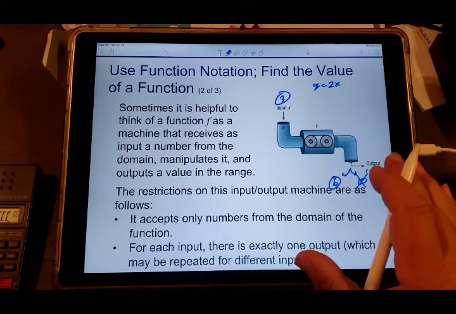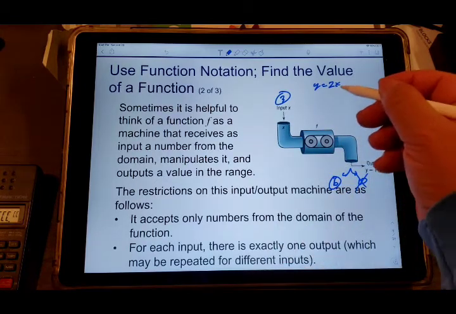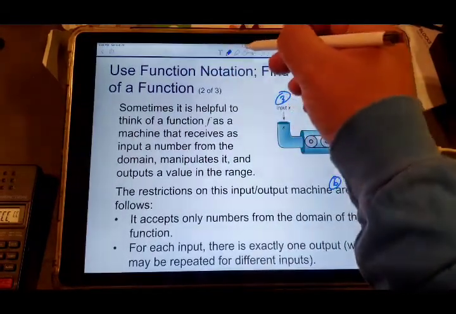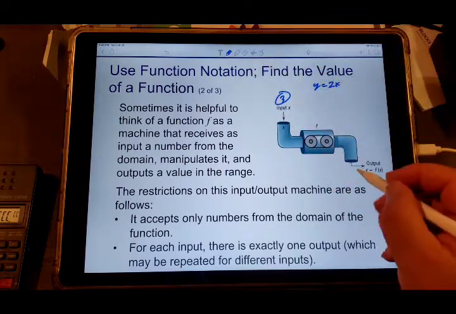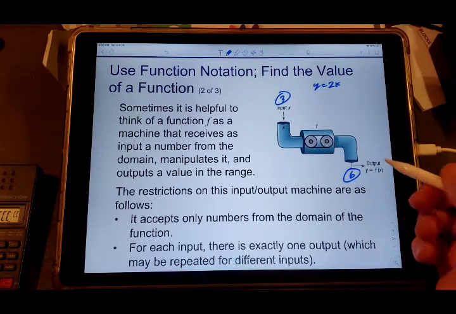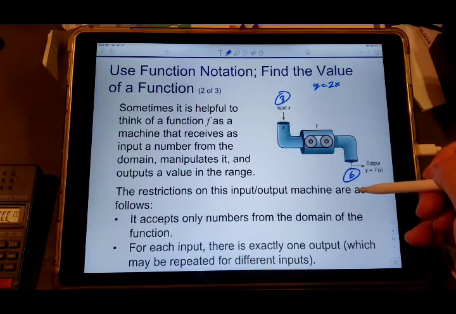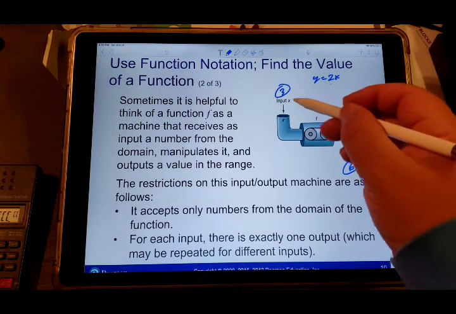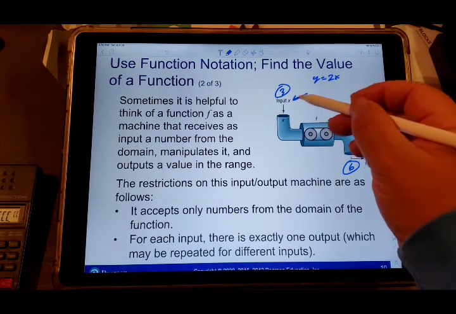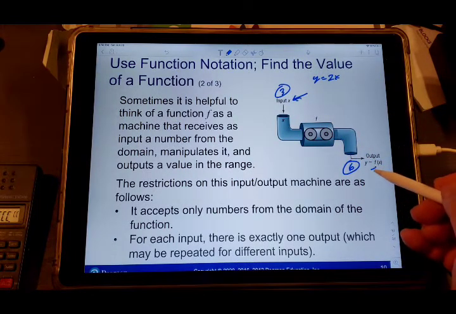That just doesn't make any sense. If I know it's a function, I'm just going to get one value out. You put in a value and get one value out. That is a function. What you put in is the domain, and what you get out is the range.